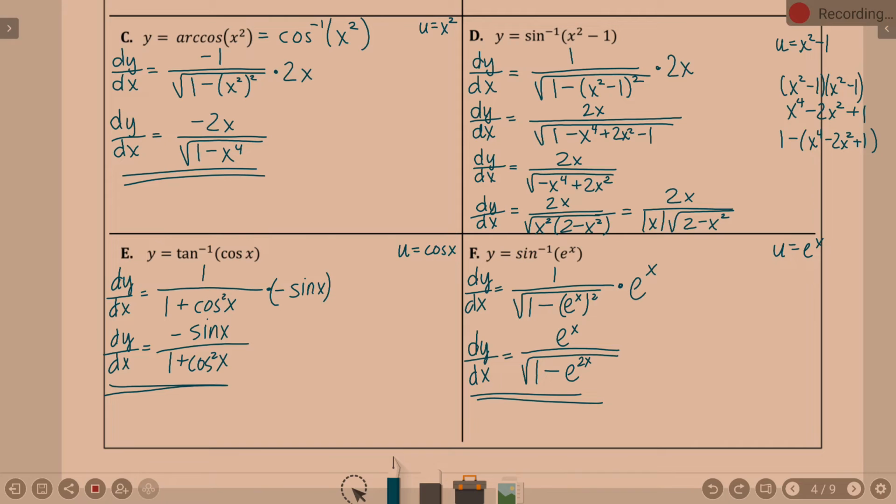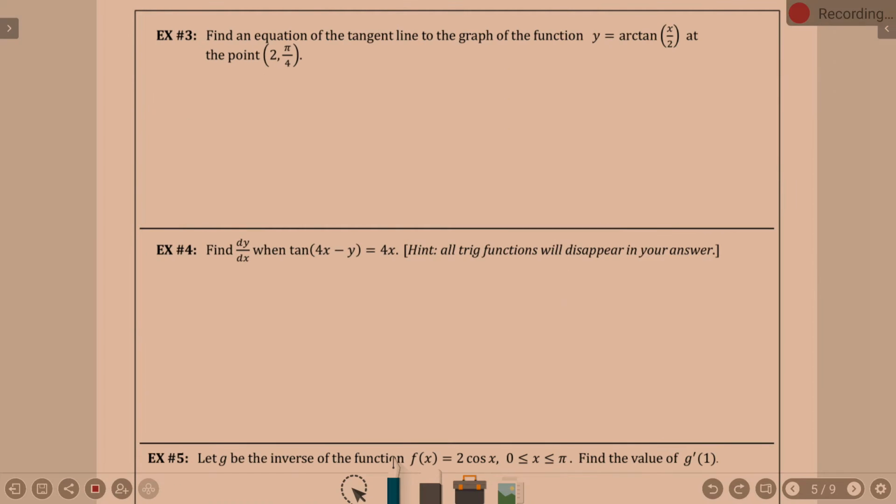It's never been stressed that the inverse trig functions need memorized. So if you know your sine, cosine, tangent, and whatever its inverses, it has extra. Except for cotangent, those aren't the ones we're going to worry about too much.